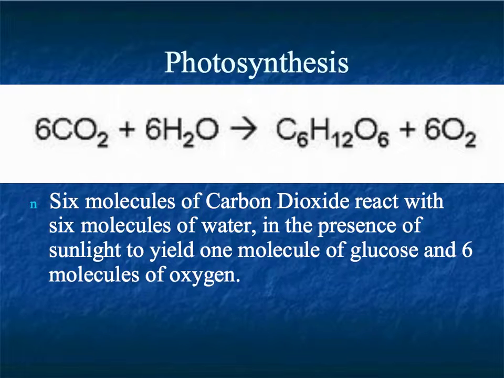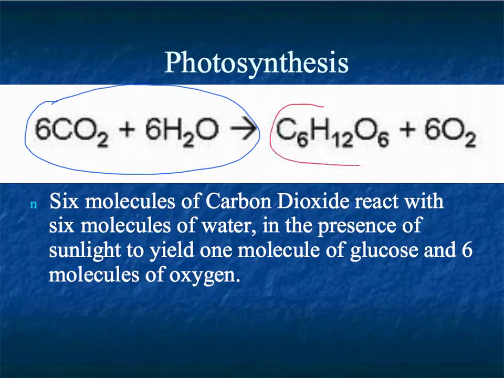Let's look at the actual equation for photosynthesis. There are lots of other reactions involved with photosynthesis, so this is a simplified version that we're going to focus on for the purpose of this class. Remembering we have our reactants and then our products.